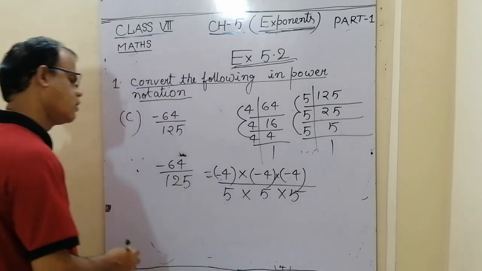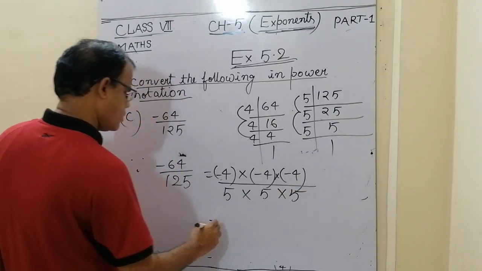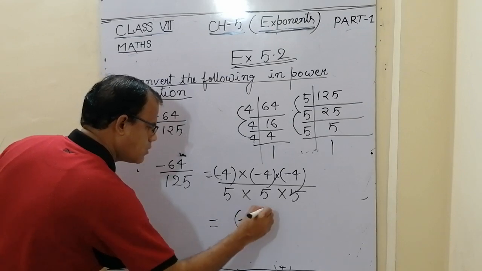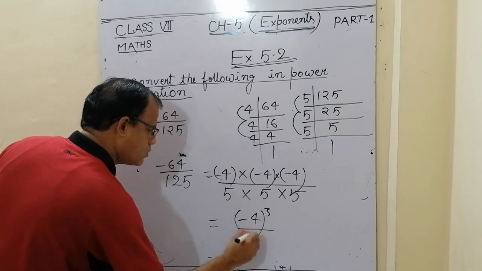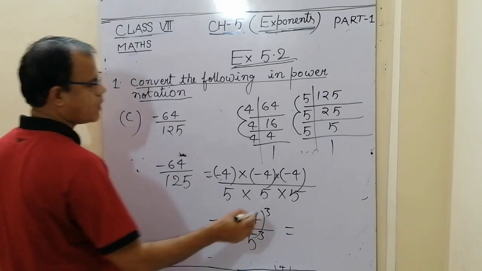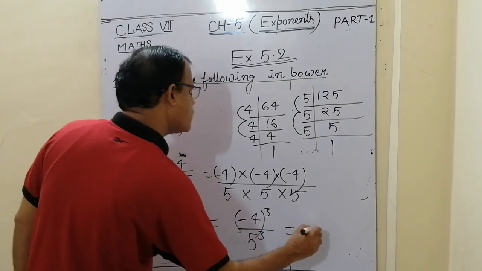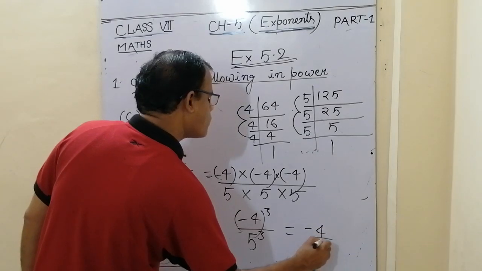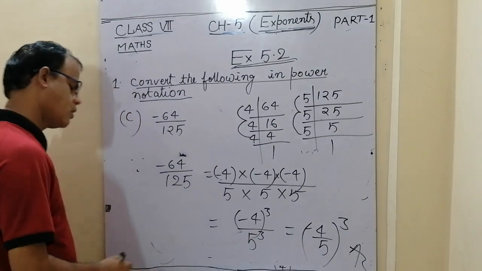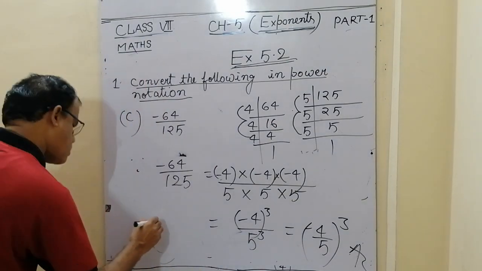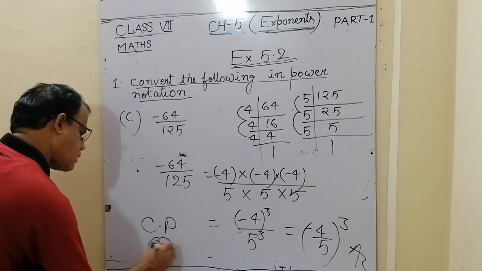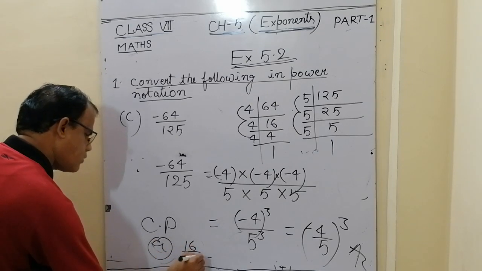So we can write this number as minus 4 three times and 5 also three times. Here we see the power is the same. So we can write minus 4 by 5 raised to the power 3, and this is the final answer. For class practice, you have to solve A part, that is 16 by 81.